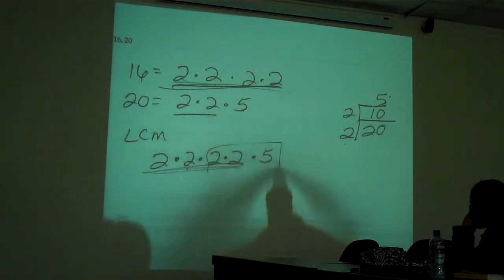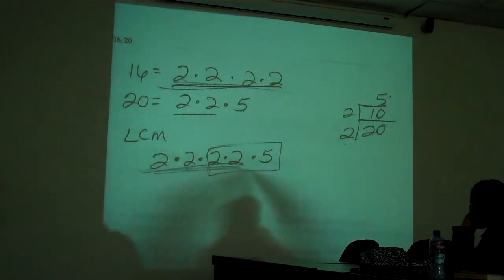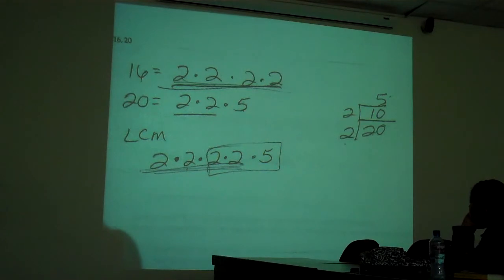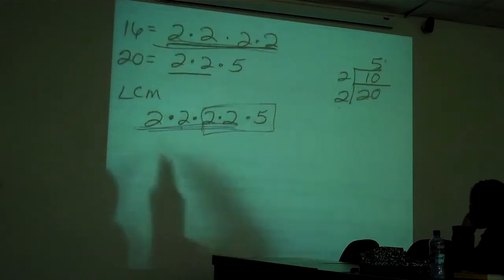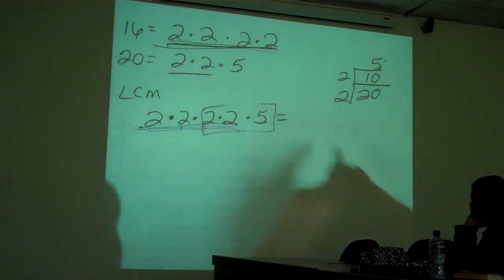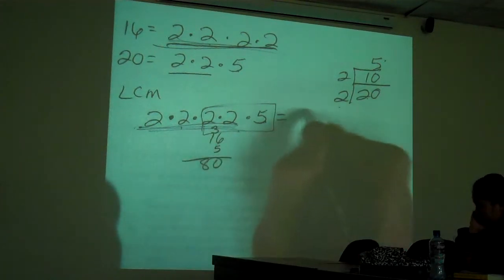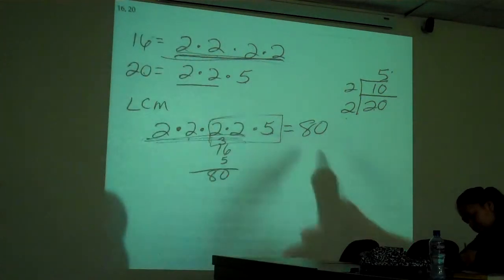And here is your 20, 2, 2, 5. They will both go into it. Okay, so we have 16 times 5 is what our least common multiple is. 16 times 5 is 80. So both of these numbers will go into 80.